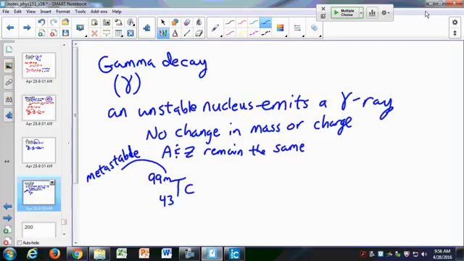That means that it's radioactive, it's going to decay, but it undergoes gamma decay. So you still get technetium. It still has 99 nucleons and 43 protons, but it's no longer in that metastable state, and so it emits a gamma ray.